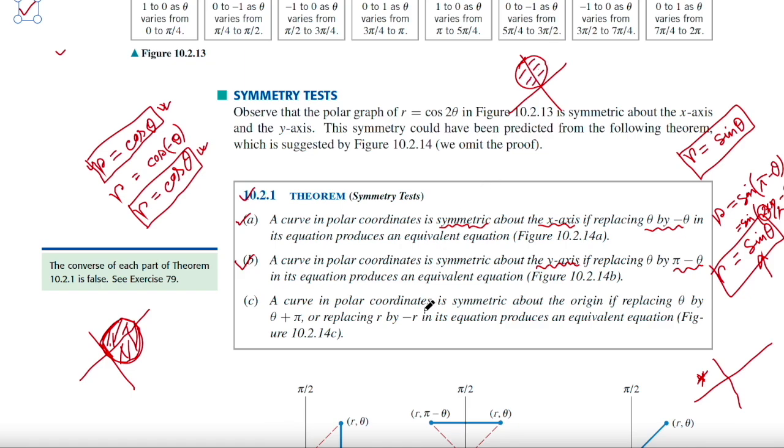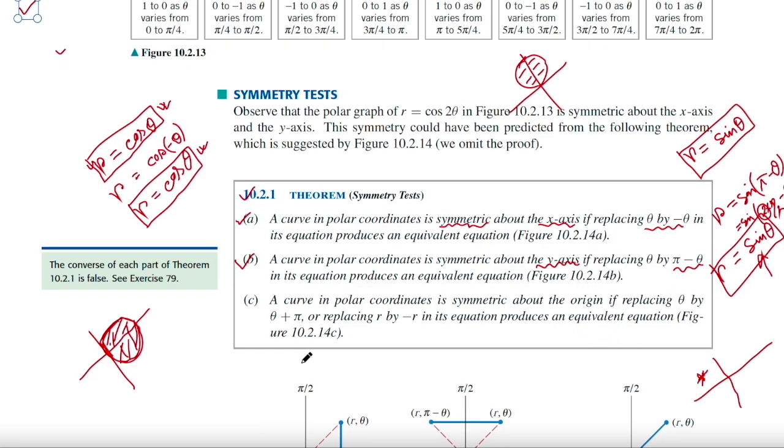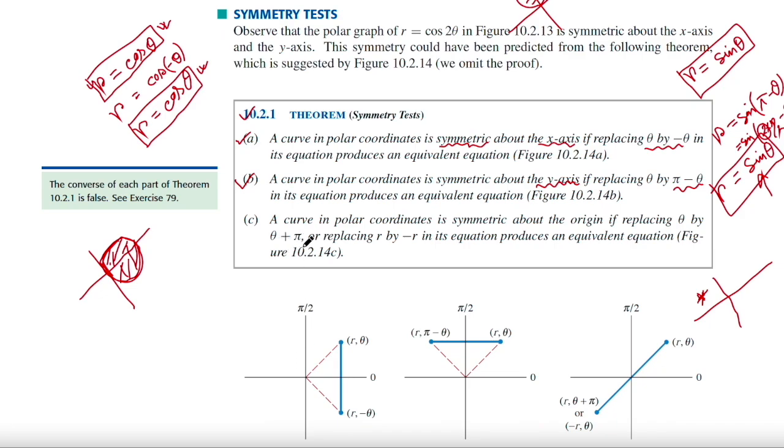And a curve in polar coordinates is symmetric about the origin if replacing theta by theta plus pi and replacing r by minus r in its equation produces an equivalent equation.